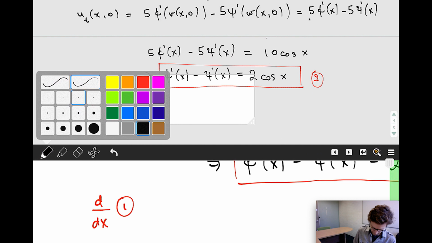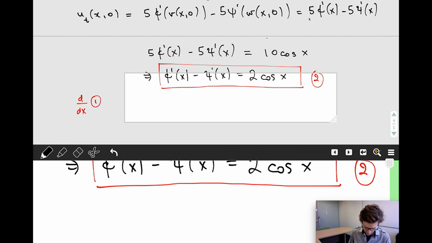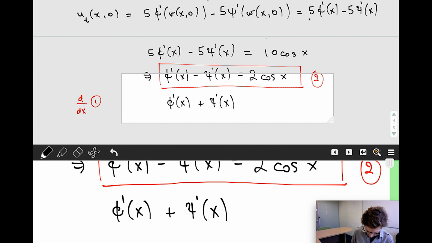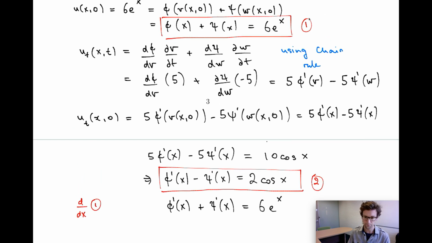What does that give me? Well, equation 1 was phi plus psi, so that's going to give me phi prime plus psi prime is equal to 6e to the x. The derivative is equal to 6e to the x.